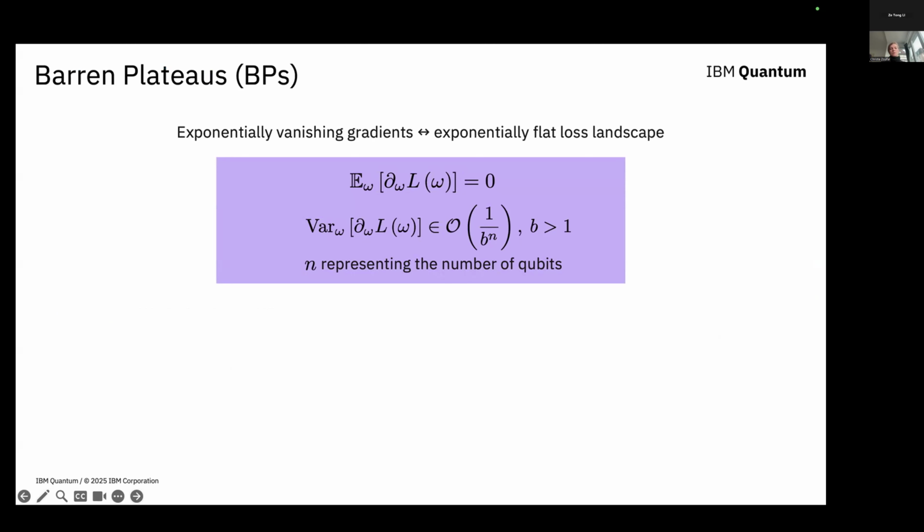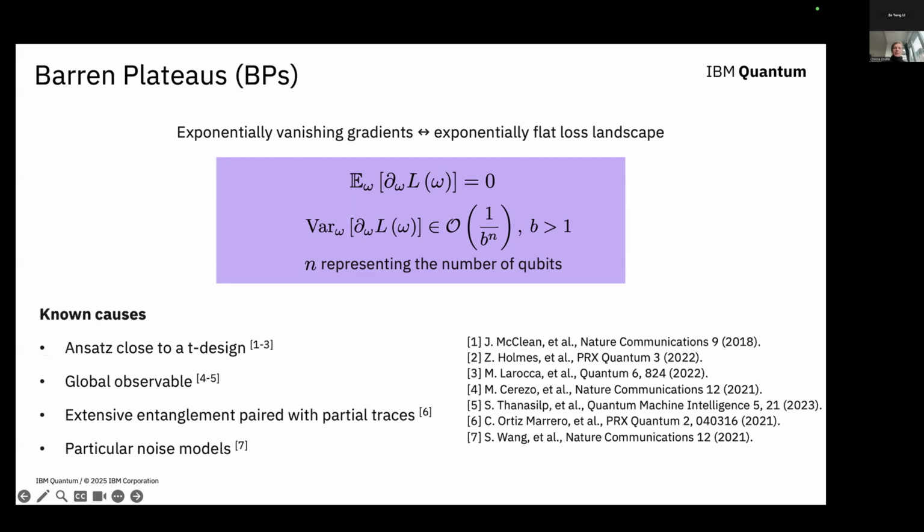And for most of the methodology that we are aware of right now, these training methodologies lead to this barren plateau phenomenon, like an exponentially flat loss landscape, which is unfortunately the other side of the coin that we have a very expressive landscape and representation to play with.